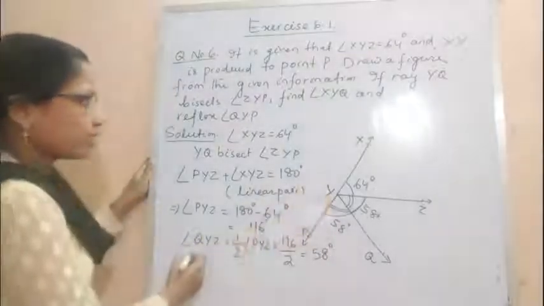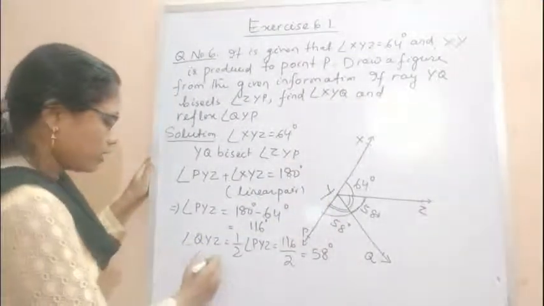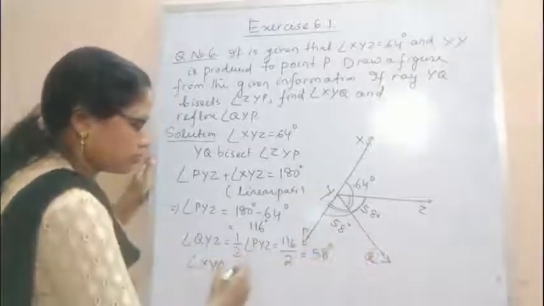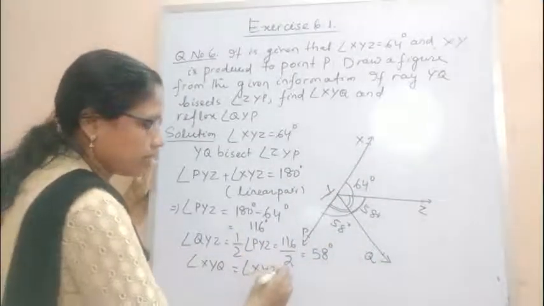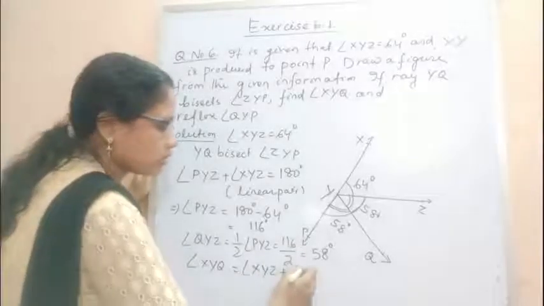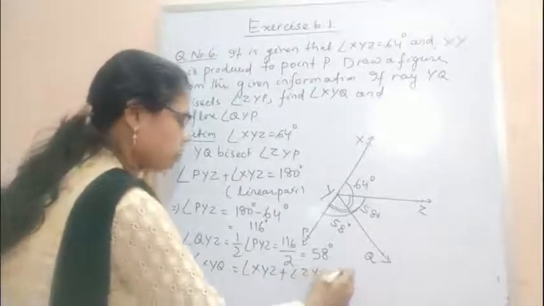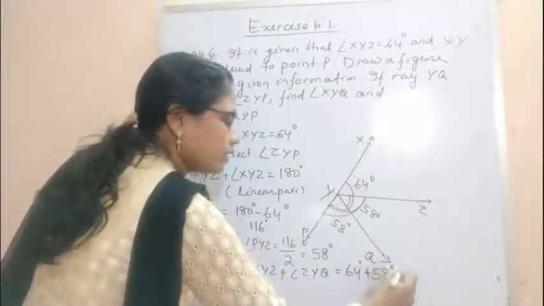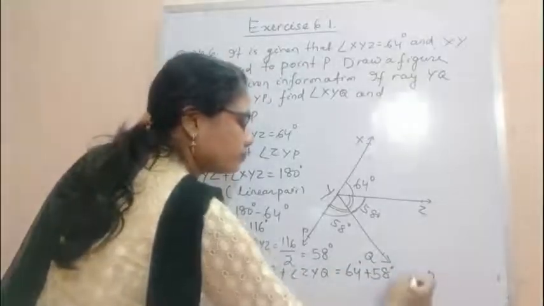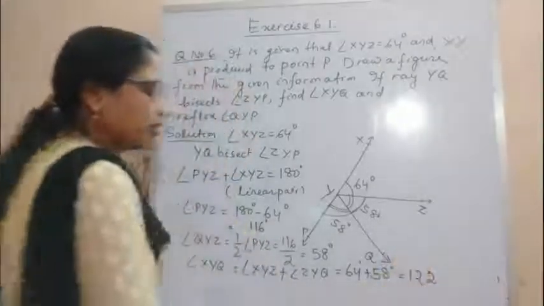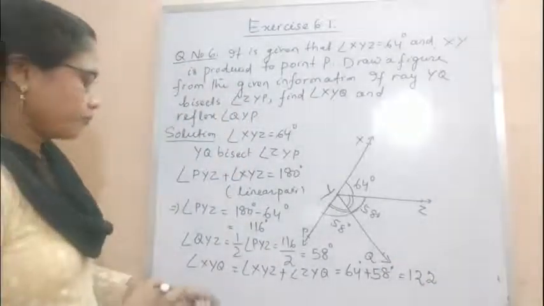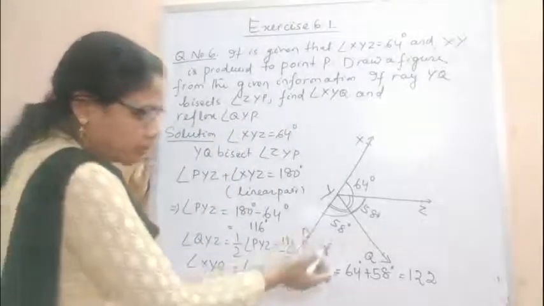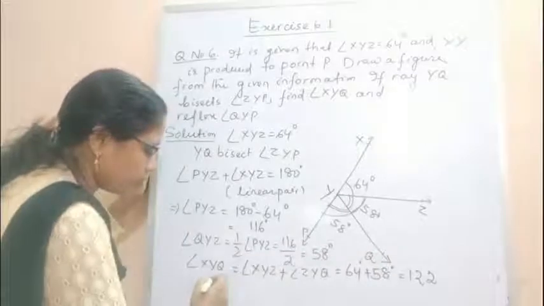So what is angle XYQ? XYQ is equal to XYZ plus ZYQ. So this is equal to 64 degree plus 58 degree, which is 122 degree. Then reflex angle QYP. So what is angle QYP?